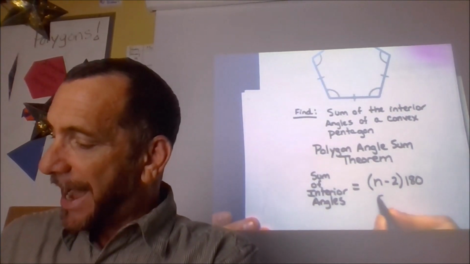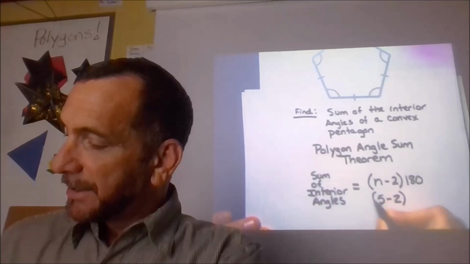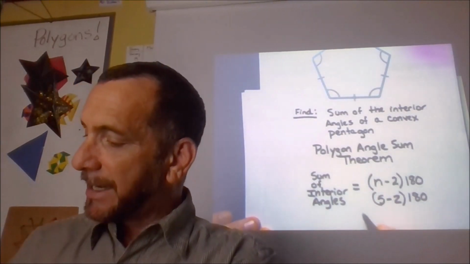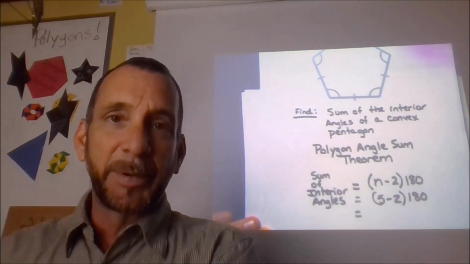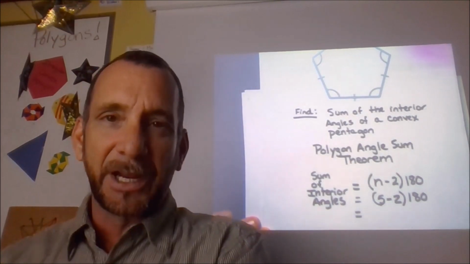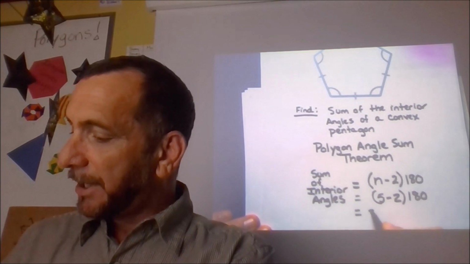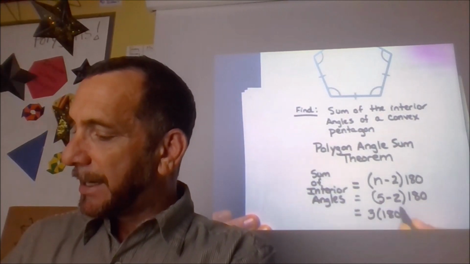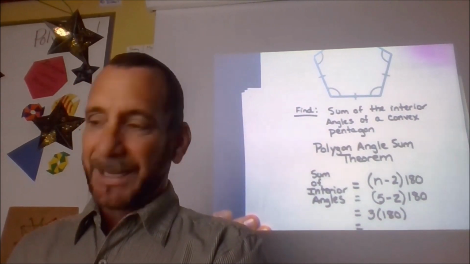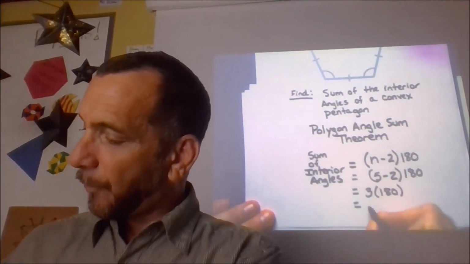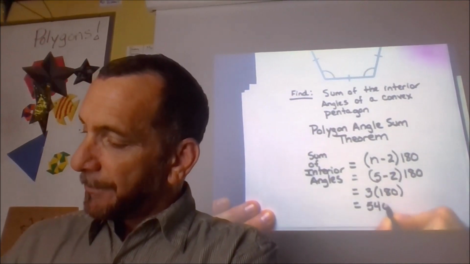So let's do 5 minus 2 times 180 degrees. Now I know from experience, because every convex pentagon has this magic formula, that 3 times 180 is 540 degrees.